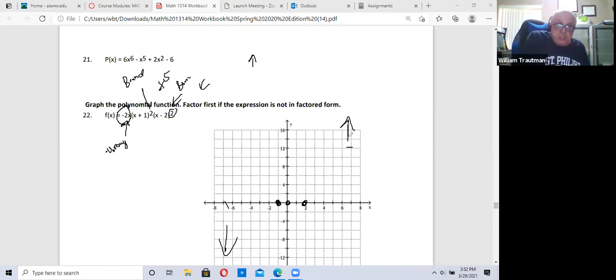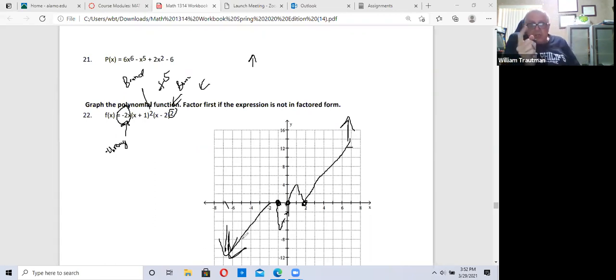So we're going to +2, and it bounces off of there. Halfway between these two, it's going to turn around and come back down. At 0, it goes through. Then halfway between these two, at some point, it's going to turn around. This is the -1 one. It's going to bounce and then go down.